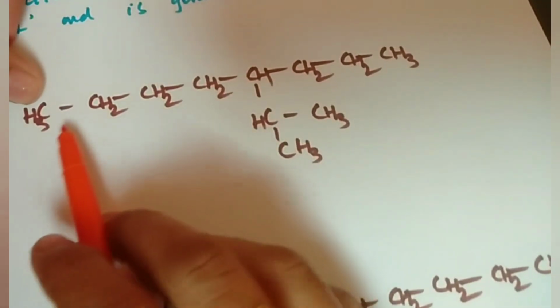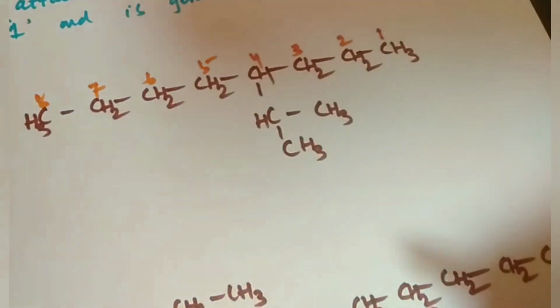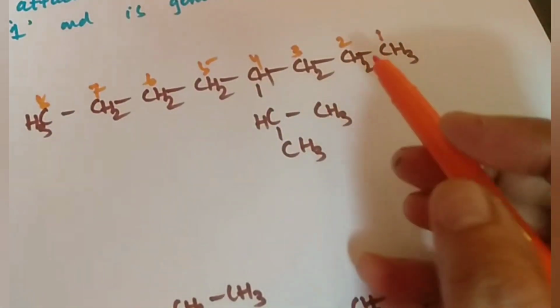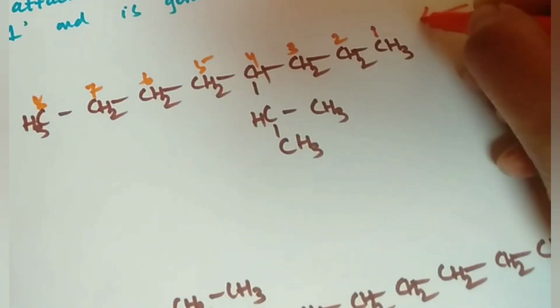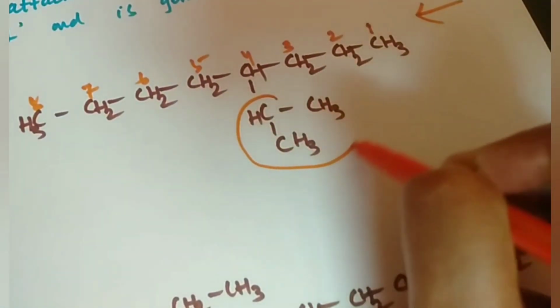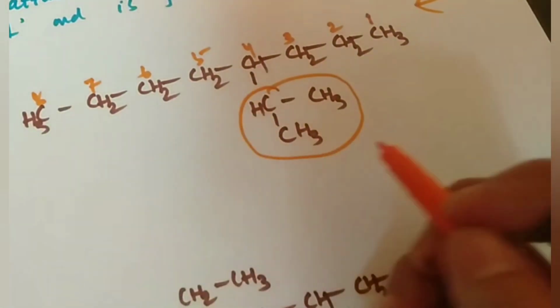See here, the maximum number of carbon atoms are present in this straight chain, so we have to move from this side, 1 2 3 4 5 6 7 8. In the fourth position there is a substituent, and the maximum number of carbon atoms are present in the straight chain from right to left. This substituent is known as the isopropyl group, present in the fourth position.